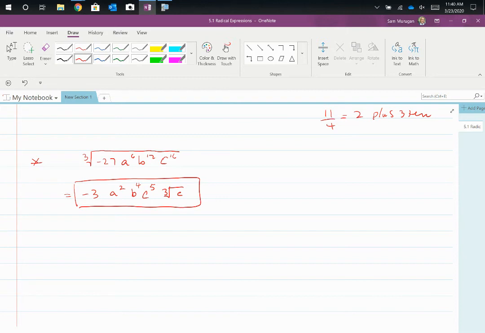This is actually question 12 on the homework. Before I do this, let me speak a little bit about the Pythagorean theorem.